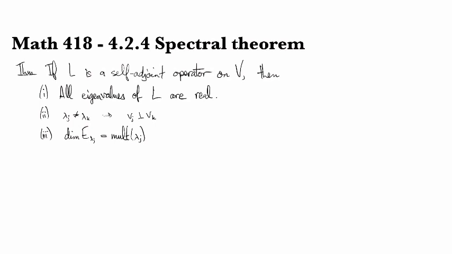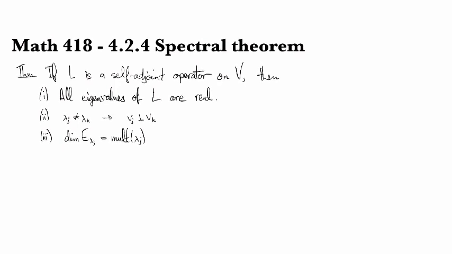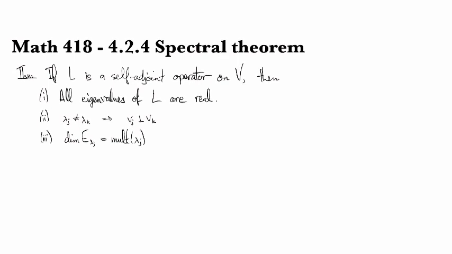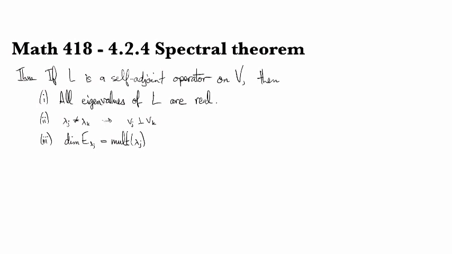This means that you do not have any defective eigenvalues. If you have an eigenvalue of multiplicity 4, then you get 4 linearly independent eigenvectors. So this means that, in particular, you always get an orthonormal basis of eigenvectors for your space.